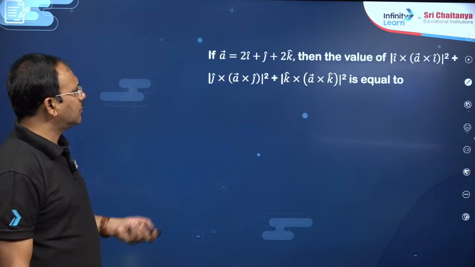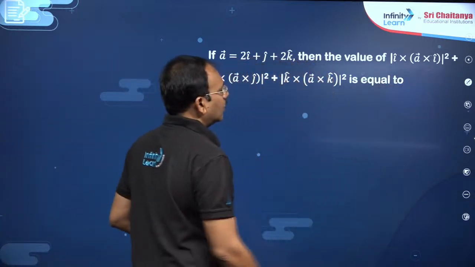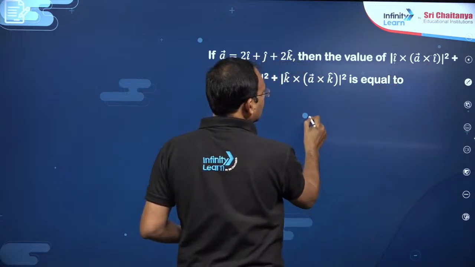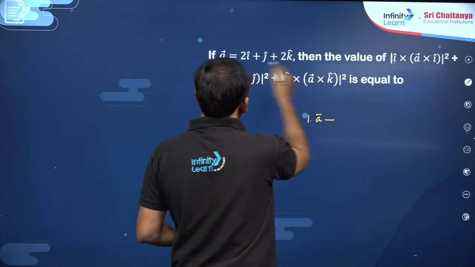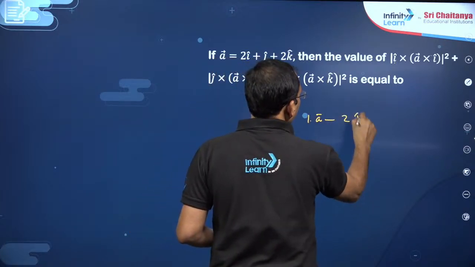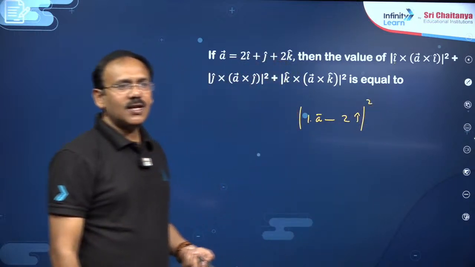So, this is also, you see here, I cross I square. You can just simplify, A bar is there, I dot I is 1 into A bar minus I dot A is 2 into I cap. Got it, my dear friends? It's magnitude square. Just a definition you need to apply.